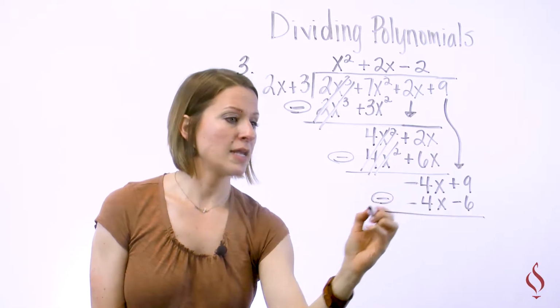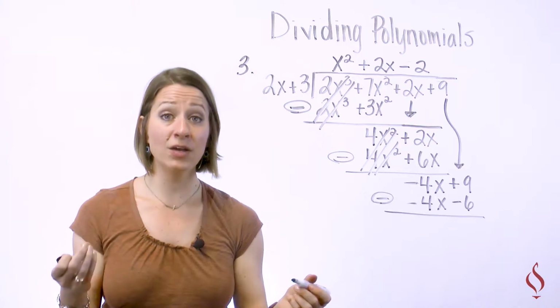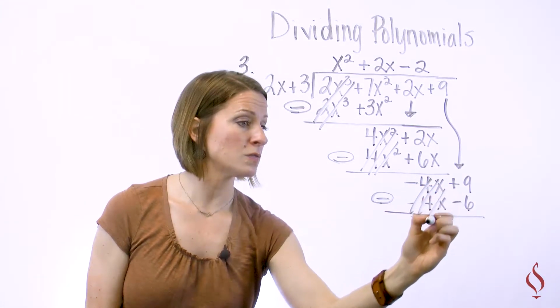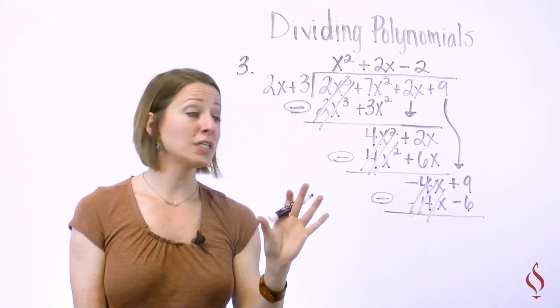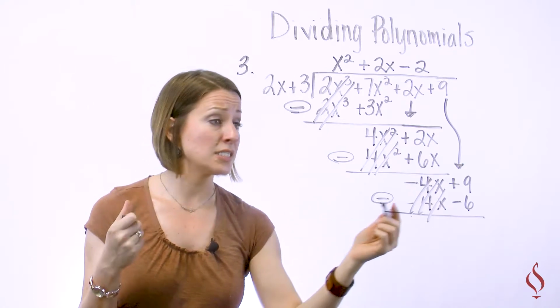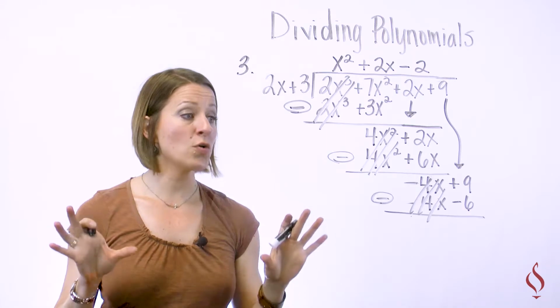Okay. Now be really careful here. We're subtracting the negative 4x. Take away negative 4x cancels. So that goes. Okay. This is where you really need to be careful because, again, our eyes, our brain plays tricks on us. You could look at this 9 and the negative 6 and say, oh, 3.